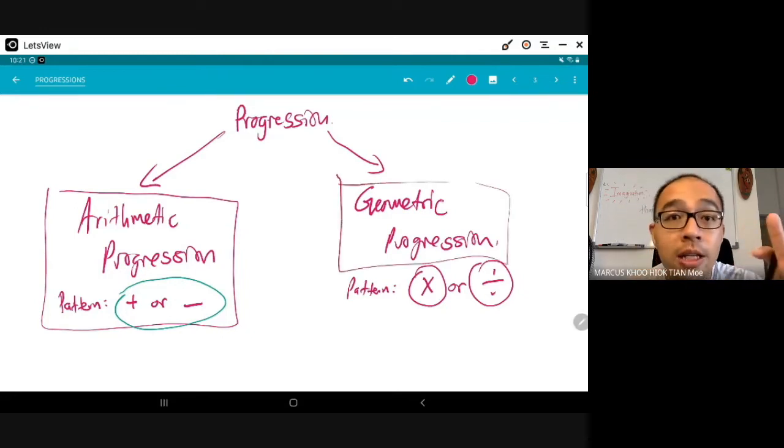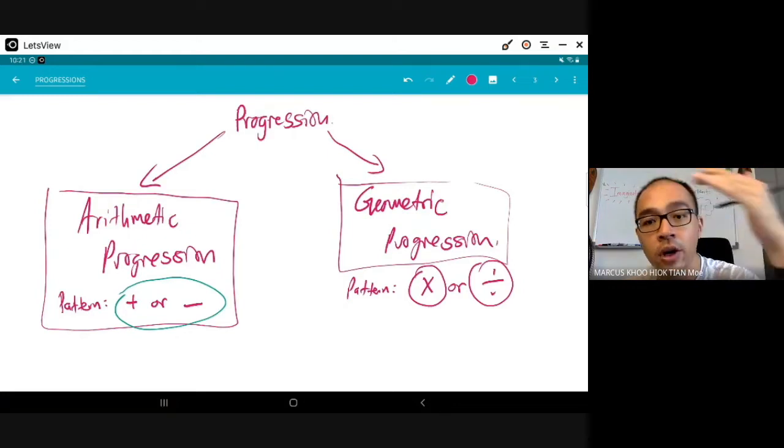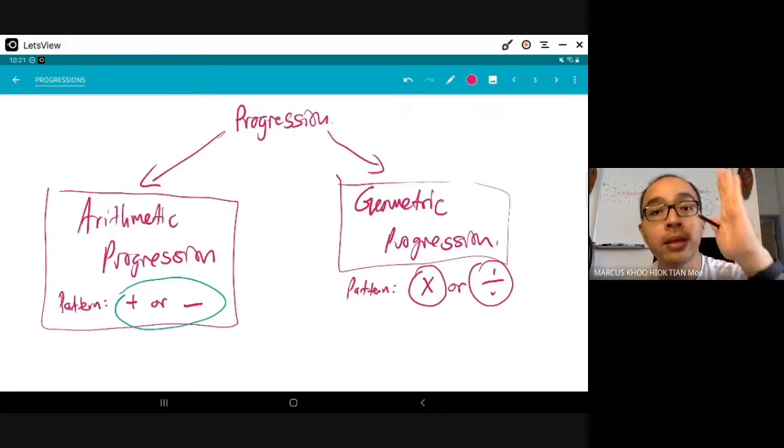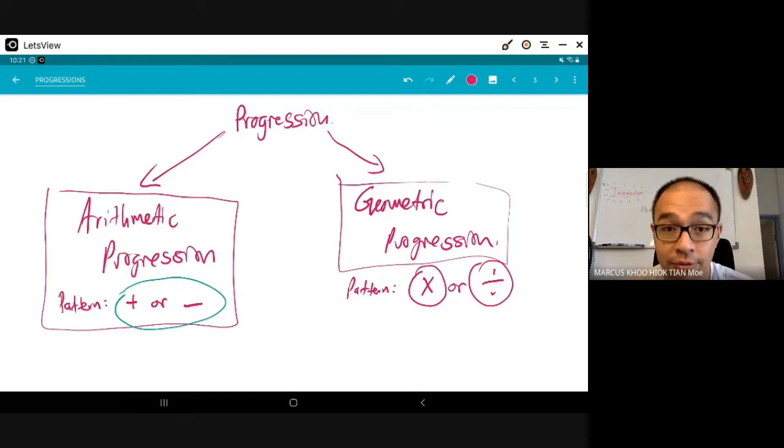So now the formulas will be very different, but the most important thing is still the same, which is the pattern. Whether it is plus or minus, times or divide, the number increases or decreases, the pattern is always the same. The pattern doesn't change halfway.